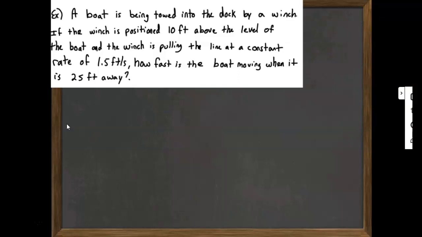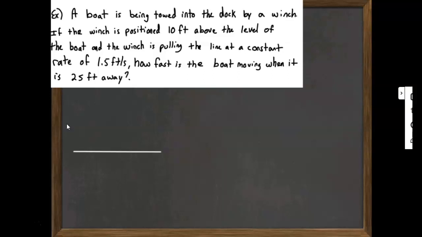So the winch is turning around at a constant rate, pulling in the rope as well. Our question is, how fast is the boat moving when it's 25 feet away?